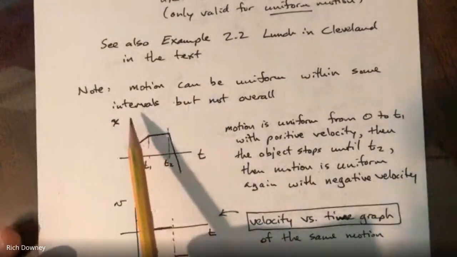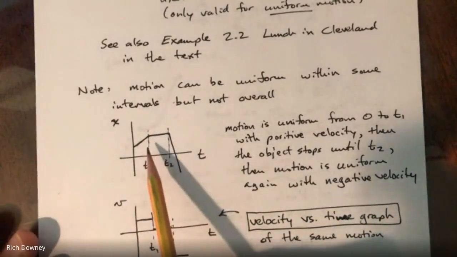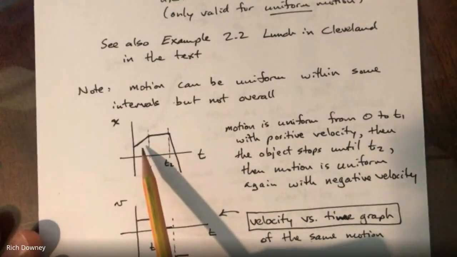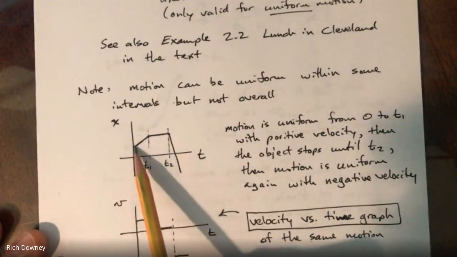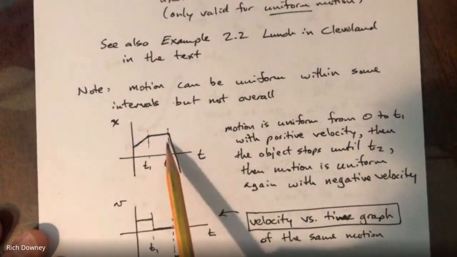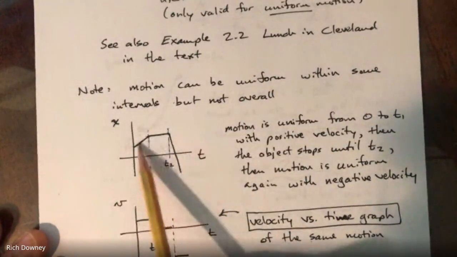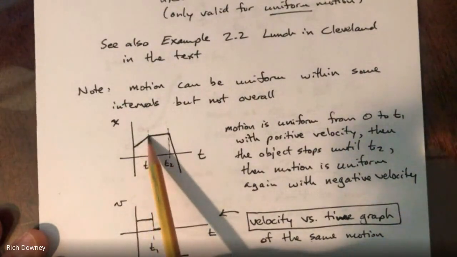Okay, as a lead in to the next topic, where we're going to be dealing with velocity that isn't constant, motion that isn't uniform, I'm going to look at motion that is uniform over some range, but then there's different ranges where we have different velocities. So in this range from 0 to t1, here in this example, we have uniform motion.